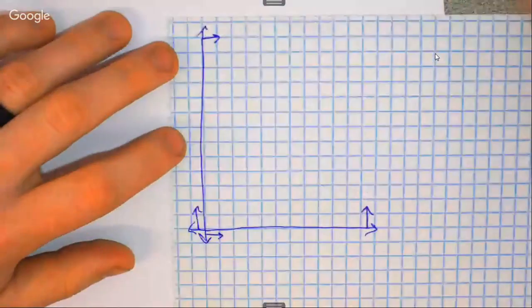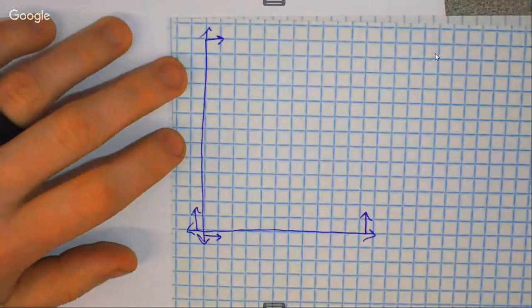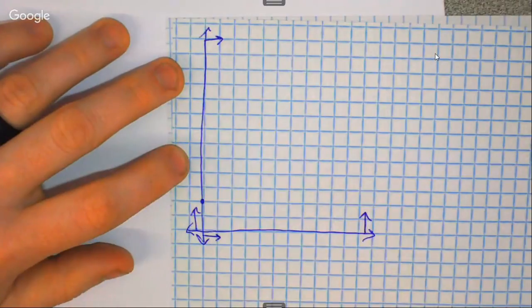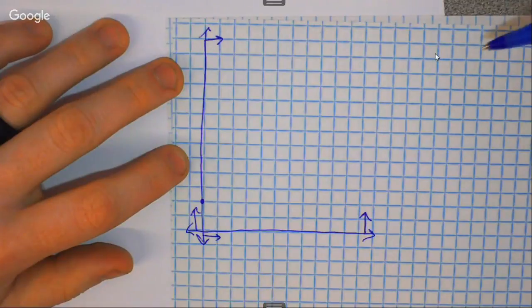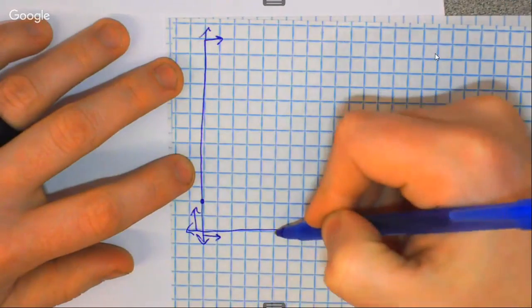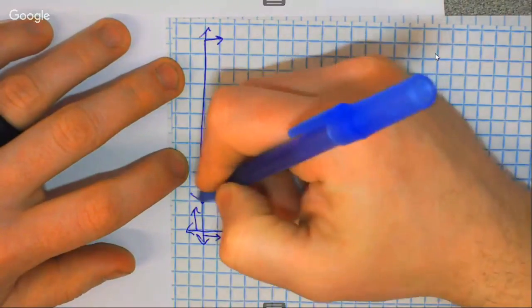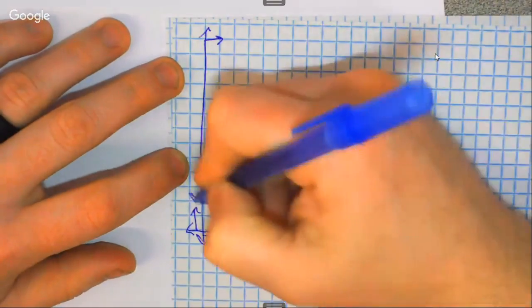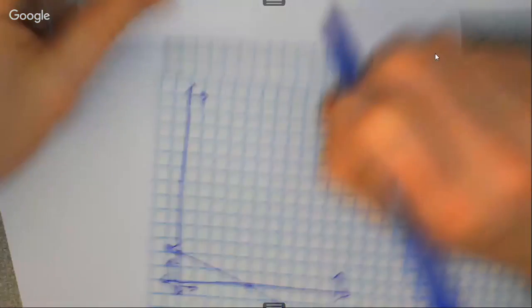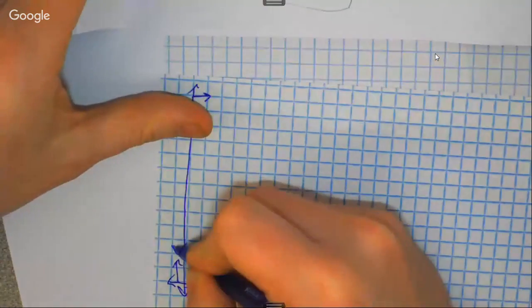Okay, so the first equation we had was starting at 2, and it went down 2 and right 5. So down 2 and right 5. 1, 2, 3, 4, 5. Okay, and then there's that line. And it says y is greater than that line, so this one's actually shading above.